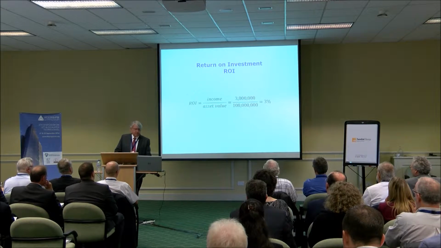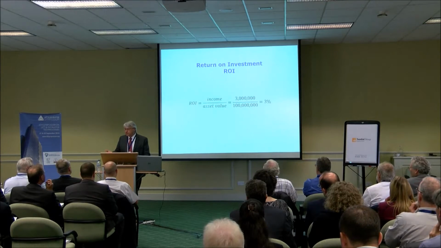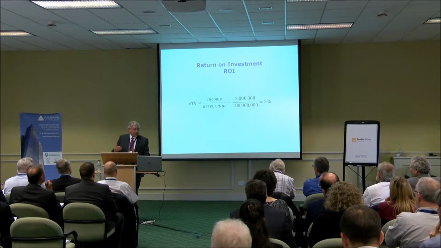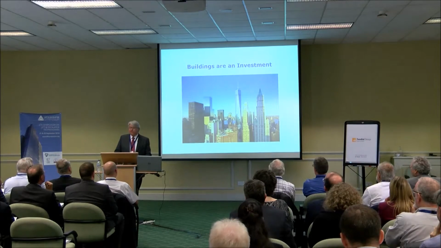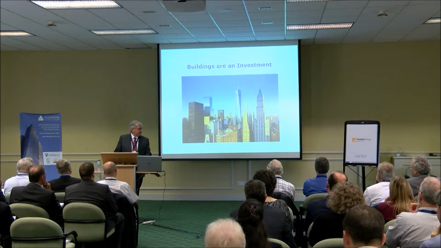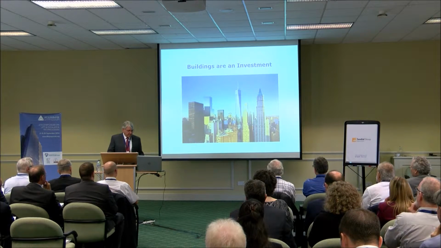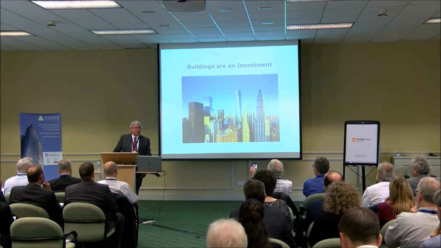But you also have to consider that that's how we would invest. You invest your own money in a bank or in stock or whatever, shares, and you're looking for a return on your investment. Well, buildings are investments. And so people build buildings as investments, and they expect to make money, and they expect to have a return on their investment.